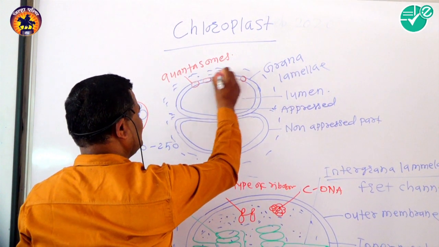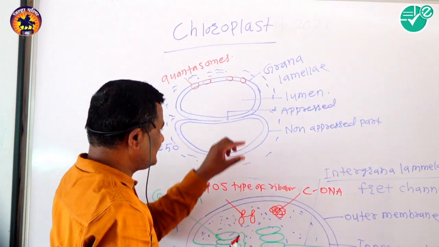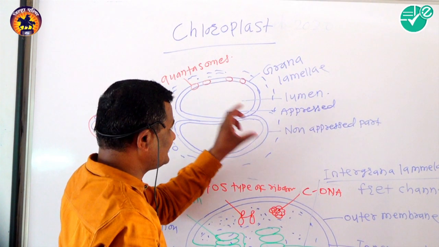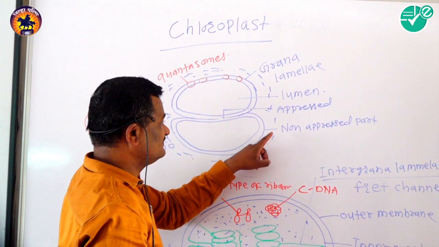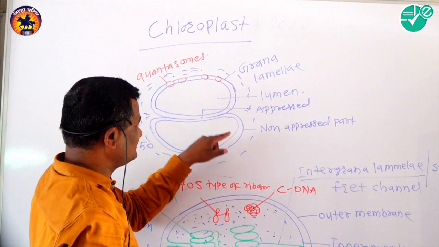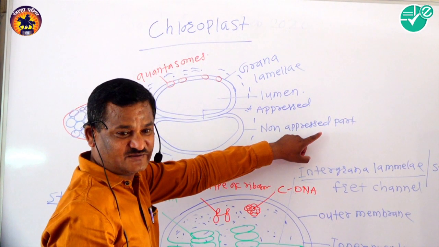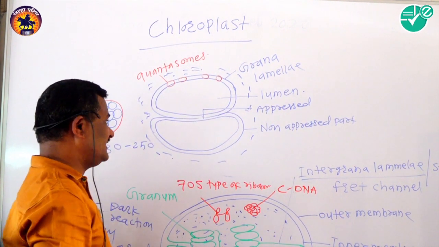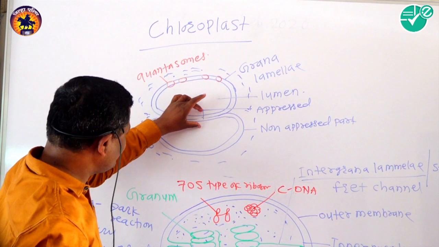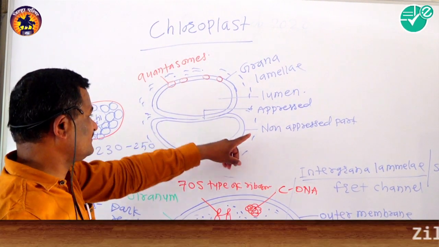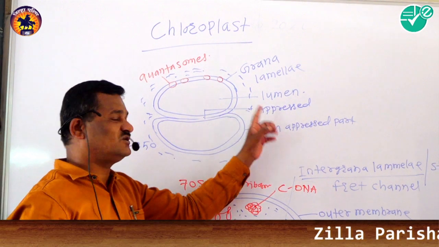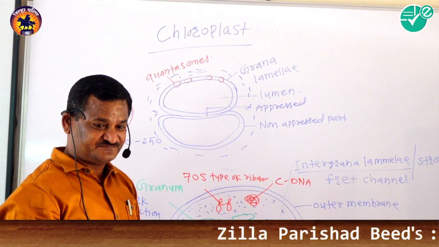The part of the thylakoid in contact with the stroma and not in contact with each other is called the non-appressed part. And the part of the thylakoid in contact with each other but not with the stroma is called the appressed part.